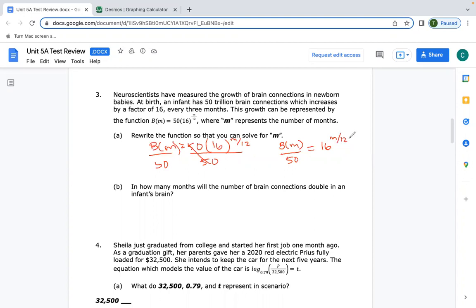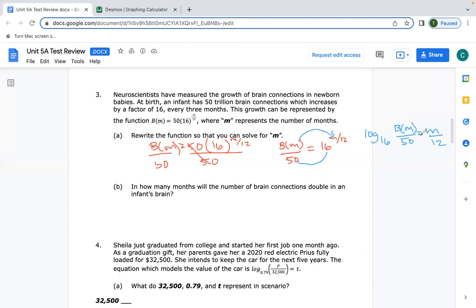Now, to get that m out of that exponent, we're going to take the log of this function. Okay, so we're going to start at our base, go to the outside, and then finish at our exponent. So we're going to say this is log base 16 of b of m divided by 50 equals m divided by 12.